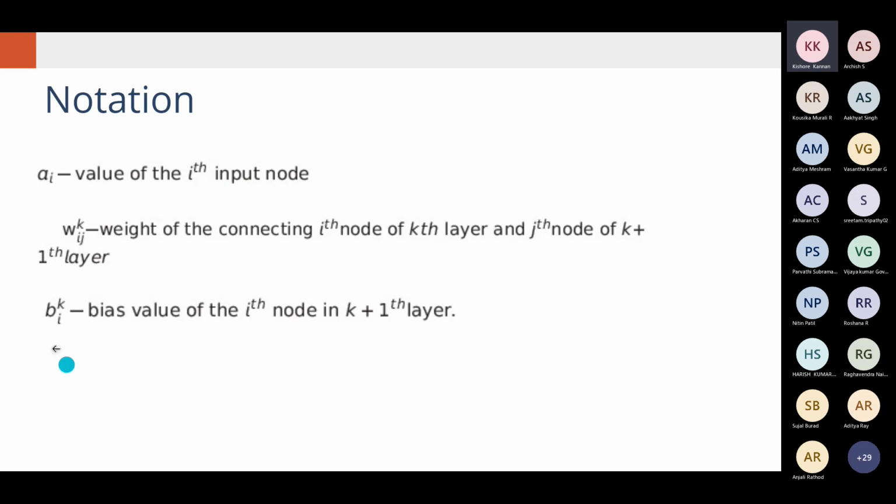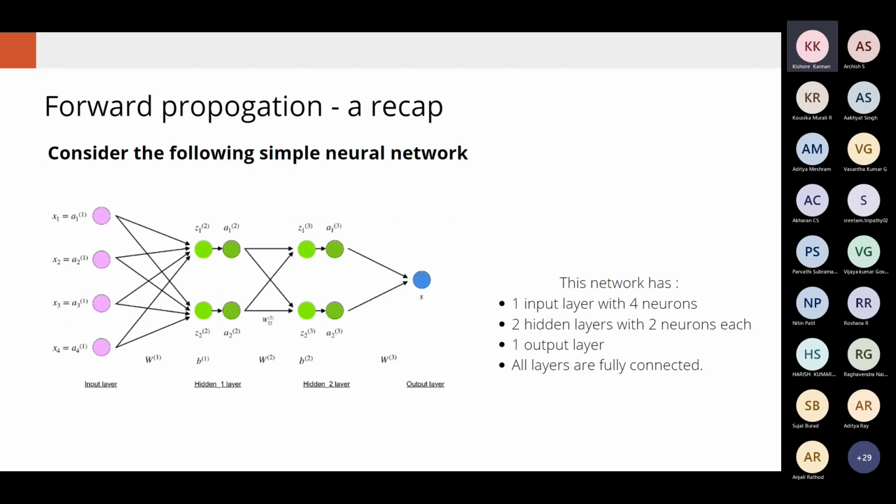Next we have the bias value, represented as b with the superscript k and subscript i, which is the bias value of the ith node in the k plus 1th layer. Let's take this node for example.